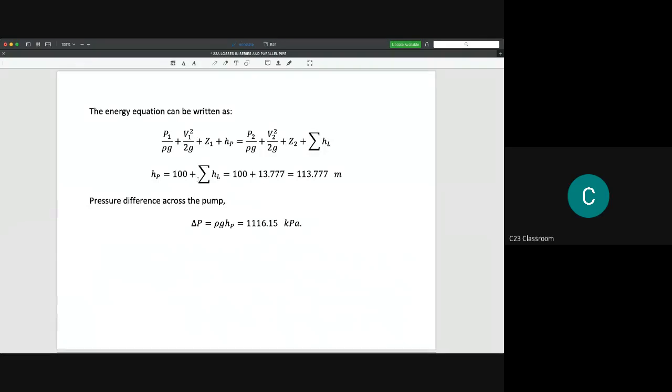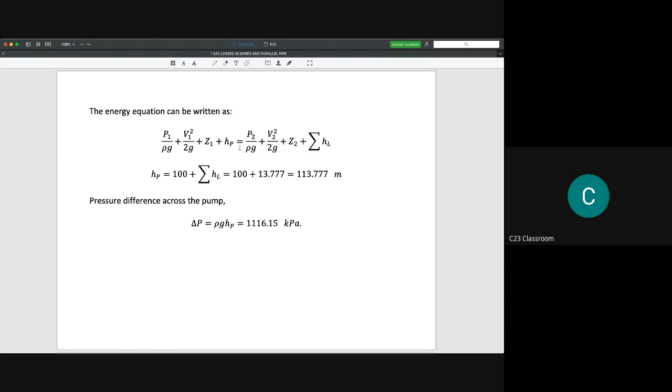So we assume that the pressure is almost the same, and the velocity is also almost the same, because we are calculating the inlet and the outlet of the pump. So the difference is only the Z here, and at point number 2, the Z is 100 meters height.